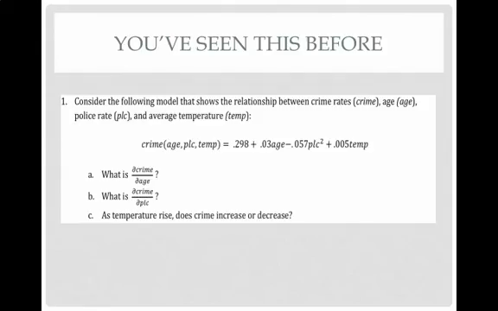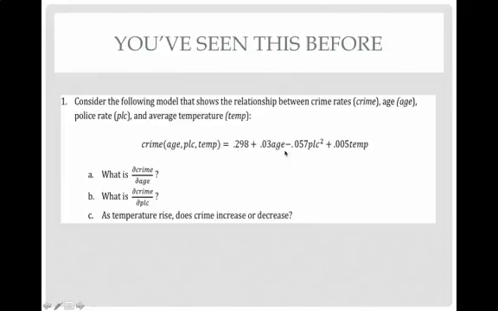Okay, and again, you've seen this before. This is from, I think I pulled this off of practice exam number 2. Consider the following model that shows the relationship between crime rates, age, police rate, and the average temperature. And so this is a regression that's come out. This is the intercept.